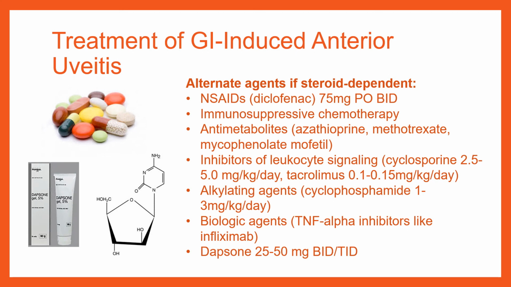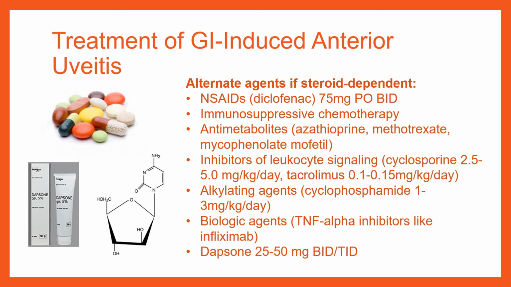Because the whole underlying cause is immune-mediated, inhibitors of leukocyte signaling can be effective in preventing progression of uveitis. This includes the administration of cyclosporin and tacrolimus, in doses dependent on the body weight of the patient.